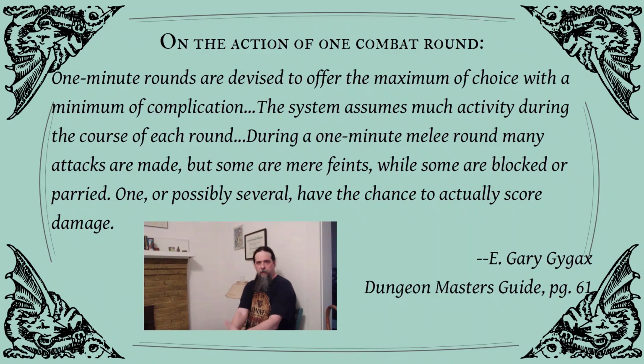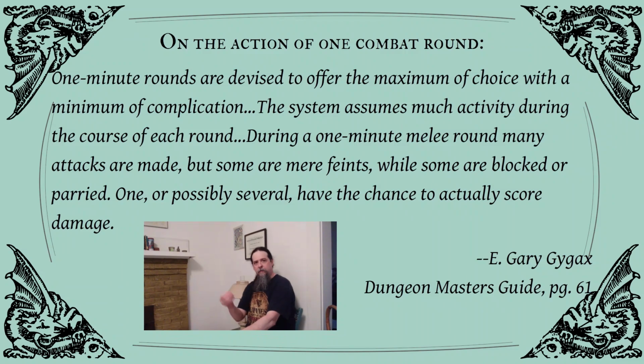And I'm going to throw up here, the first quote is from Gary Gygax, and we're talking about his ideas about the number of minor actions that are actually being subsumed under the single combat round. So what we don't have is a single sword strike or spear thrust or what have you, but rather a number of glancing blows and missed swings, different parries and dodges and feints that don't land any kind of substantive blow that would lead to damage.